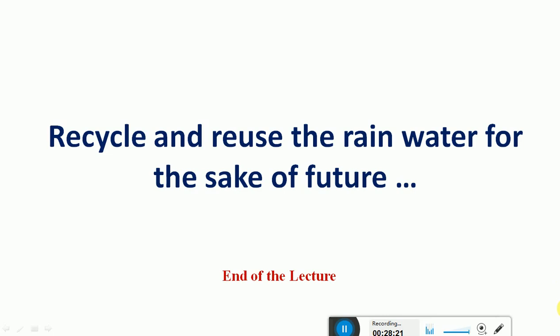So there is a recent trend, and we should aim as far as possible to recycle and reuse rainwater to meet the growing demands of the population and also the industrial demand.